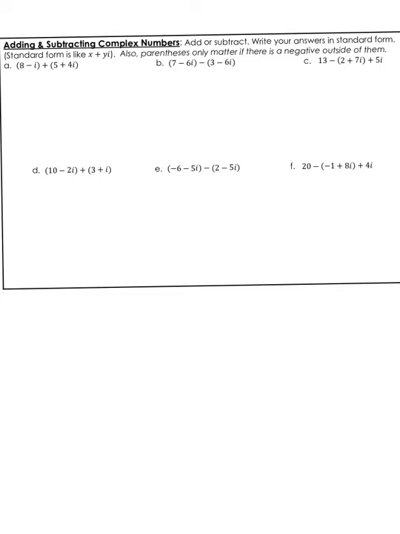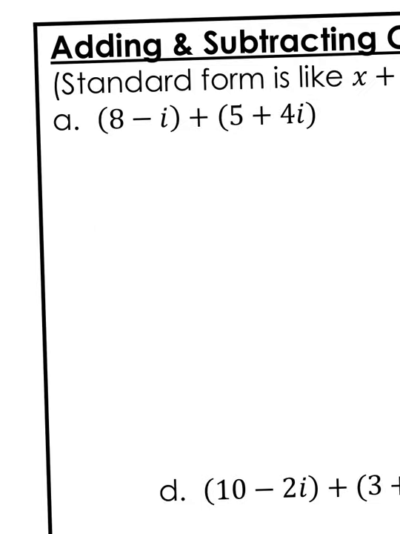If there's a number right outside of them, yeah, you distribute. But if there's a positive outside, it doesn't change anything. So I have 8 minus i plus 5 plus 4i. Distributing a positive doesn't change any signs, only distributing a negative.